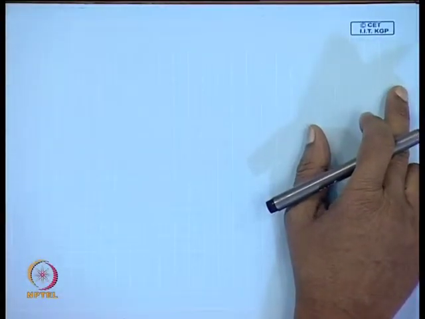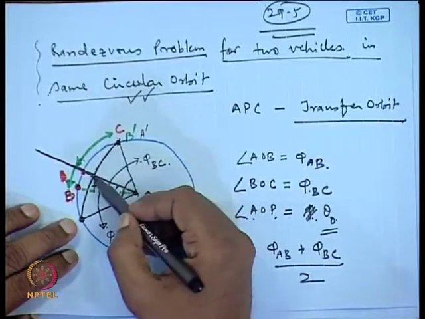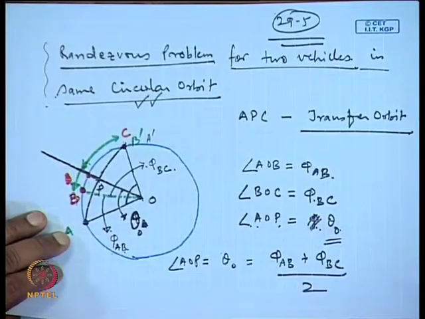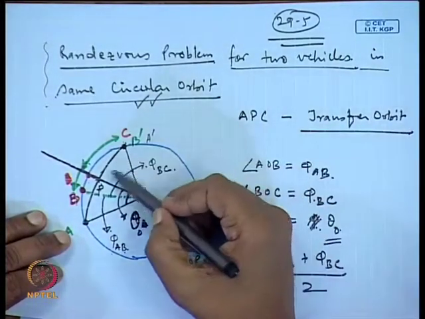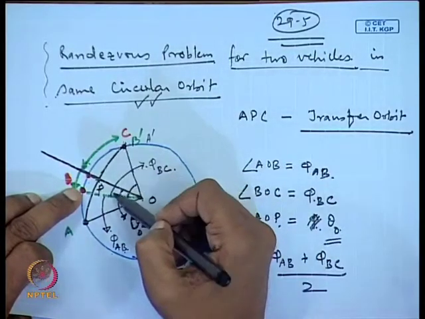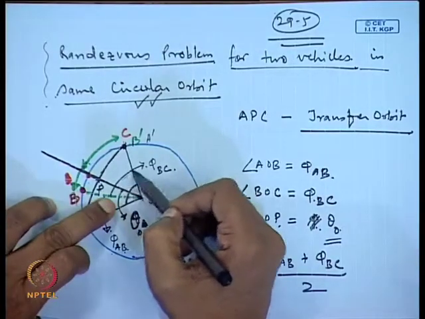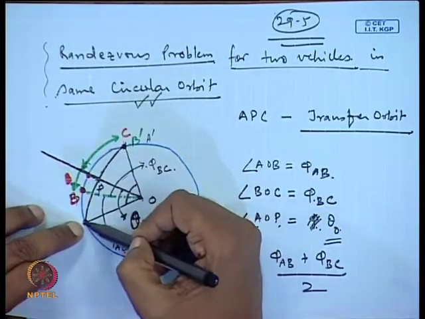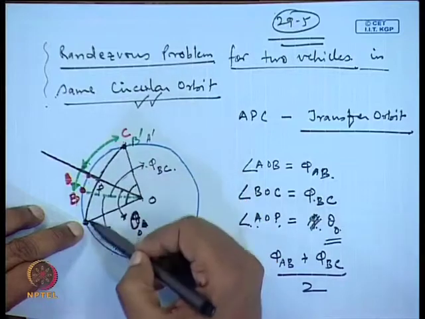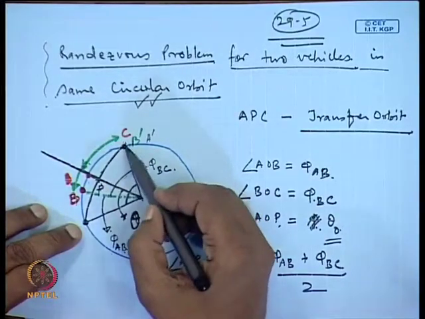Now, we have to find out how to, here two objectives are there. If we can somehow or other calculate the eccentricity of this orbit, our case will get fairly convenient, because at what time it is going to catch here, that is not known. At what angle it is going to catch is going to be decided by the eccentricity of the transfer orbit, because depending on the eccentricity of the transfer orbit, the point C will be decided.